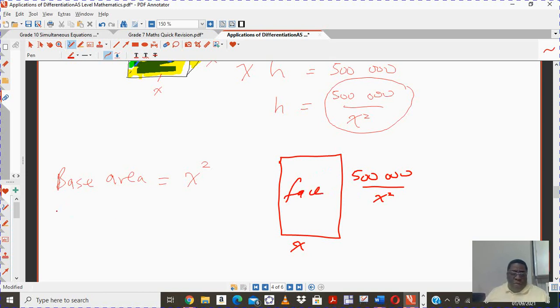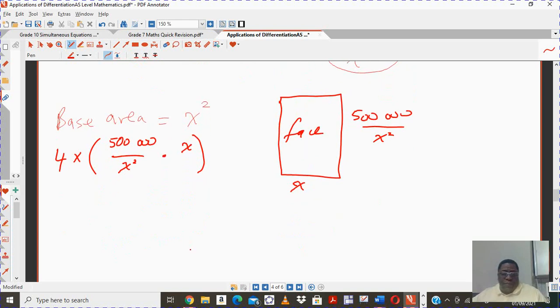We know we should have four of them, so 4 multiplied by 500,000 upon x squared times x. Remember, in order to find the area, you just multiply the dimensions together. If you look at the bracket inside, it will give you 500,000 over x, because the x squared and that x cancel, leaving you with x under.